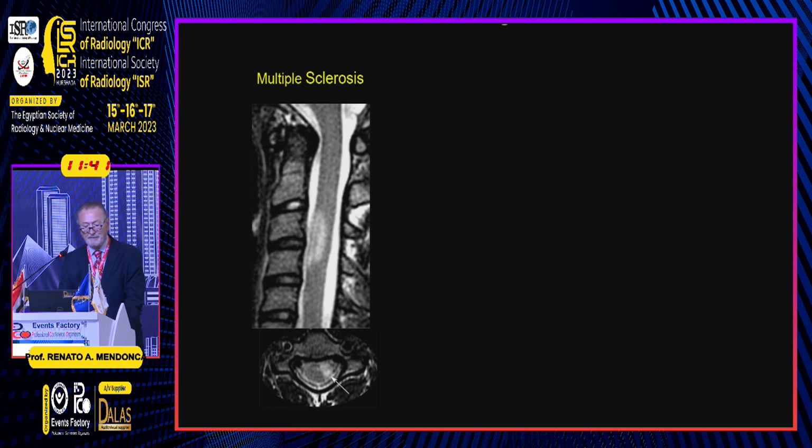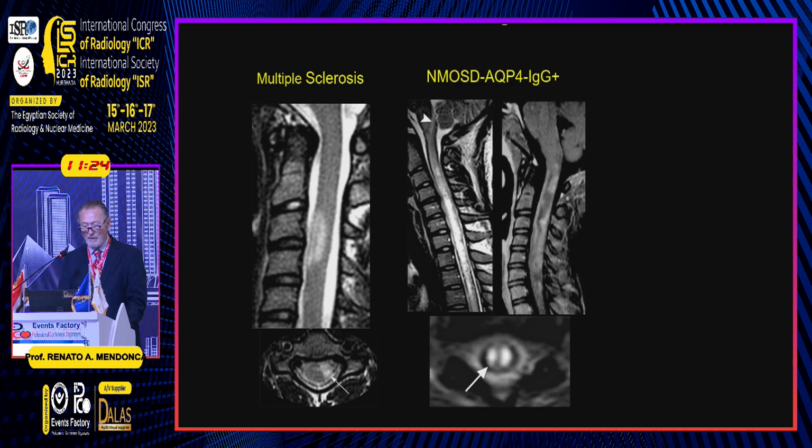We have learned that in multiple sclerosis, it's a short lesion, less than 2 vertebral bodies in length, and it involves less than half of the spinal cord diameter. We have the neuromyelitis optica spectrum, where there is long-segment involvement of the spinal cord, more than 3 vertebral segments.